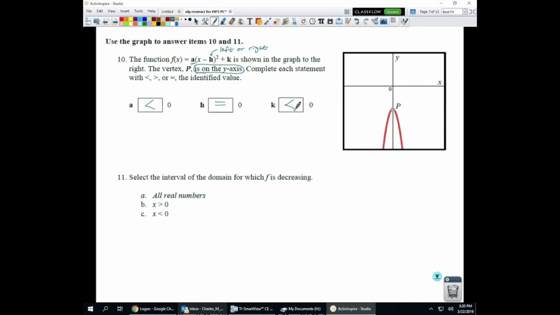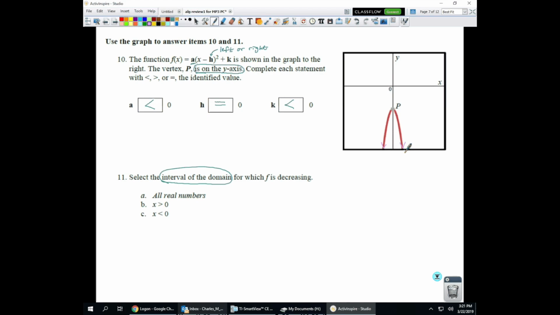Now, the interval of the domain, so that means based on the x values, for which the graph over here on the right is decreasing. One common mistake is that if people look at a parabola that is open down, they think the whole thing is decreasing because they're reading it from the vertex down, saying both the left side and the right side will continue to decrease forever.